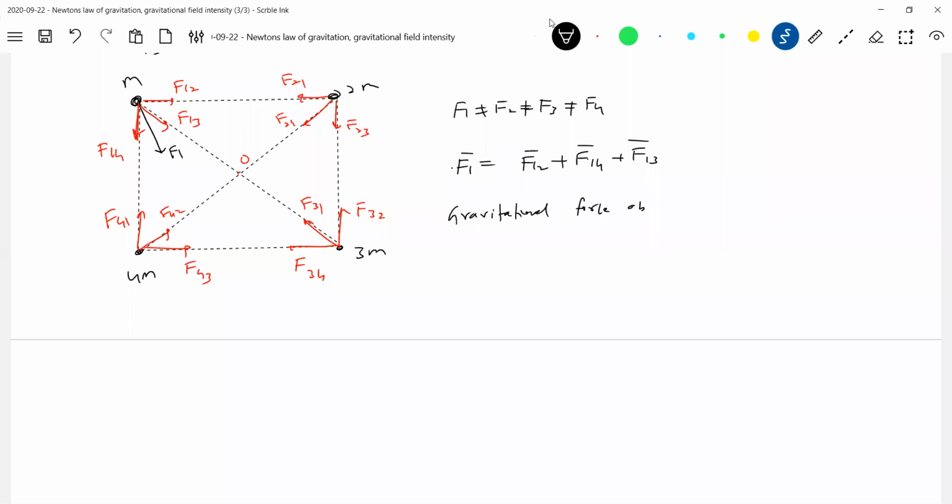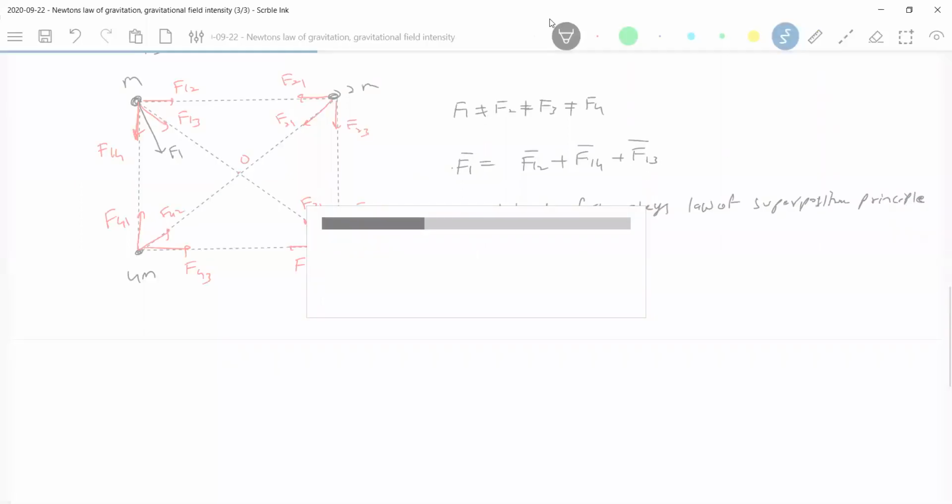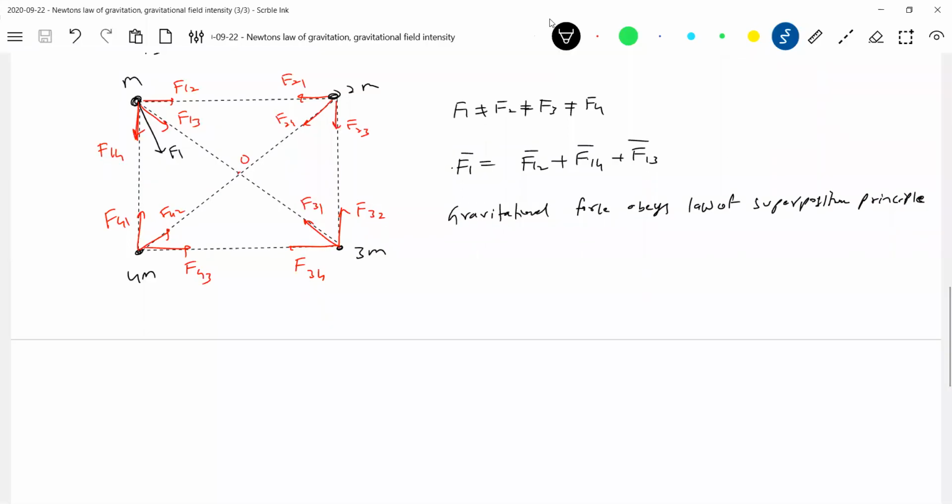Gravitational force obeys. You may feel this is something very simple, just mathematics, but our entire physics revolves around the superposition principle. As we proceed into waves and sound, electromagnetic waves, you can see that the superposition principle will help us explore the higher levels of physics.